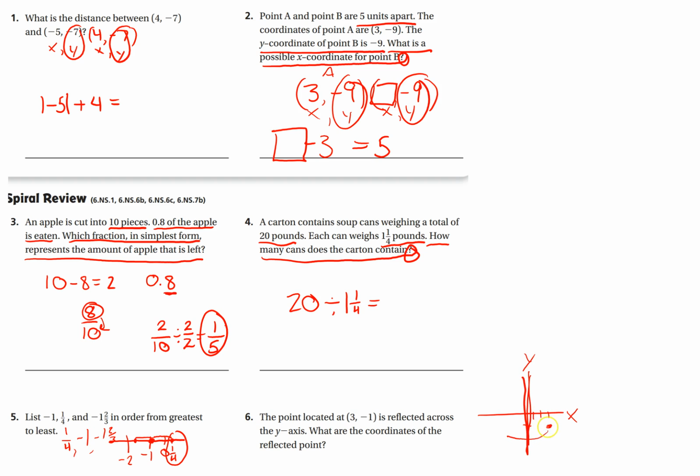Has to be the same distance from 0. So it's got to be 1, 2, 3 away from 0. And then it's also got to be at negative 1. So it's going to be about here, which if we take those points, it's going to be on the x-axis, 1, 2, 3 to the left. Left is negative 3. And then the y is going to be still down, so negative 1.